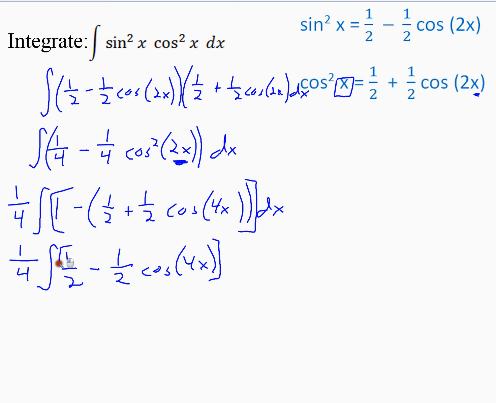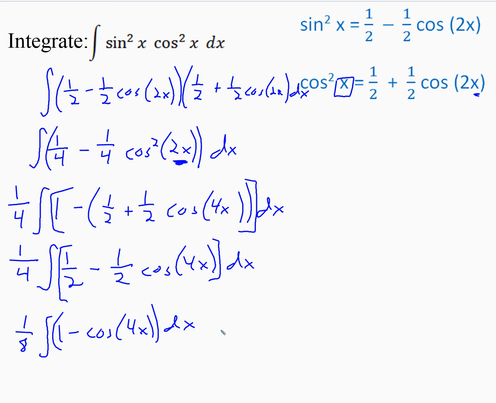And once again, we could factor out a 1/2. We don't have to, but let's go ahead and do that. We haven't even taken the integral yet. We are just putting it in a form that's going to be easiest to work with. And so now we have 1 minus cosine 4x dx.